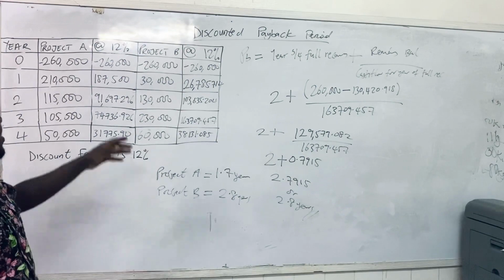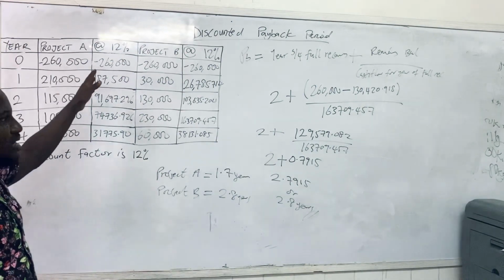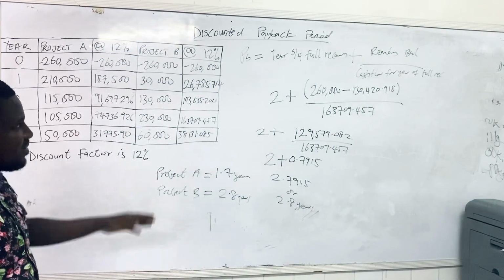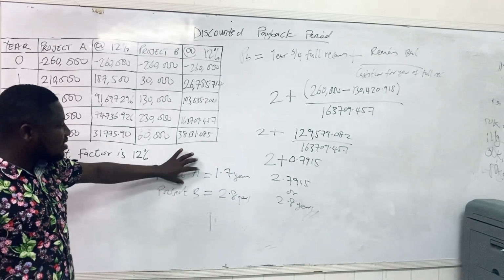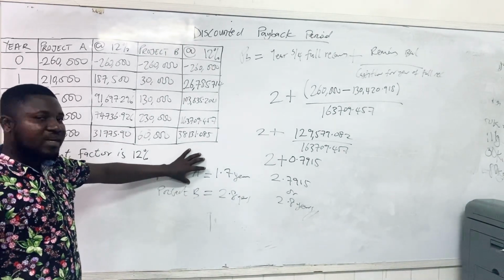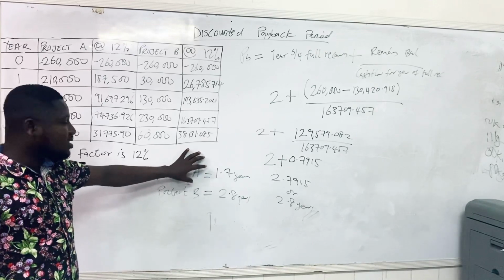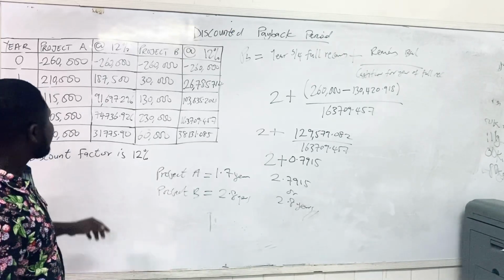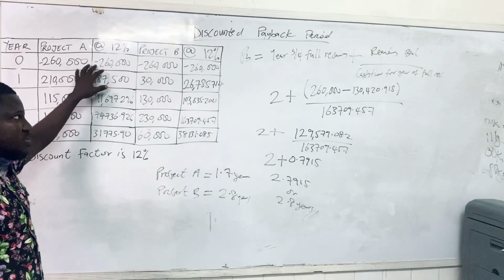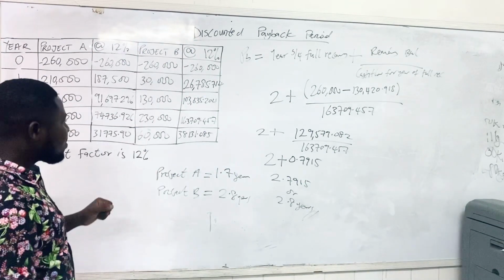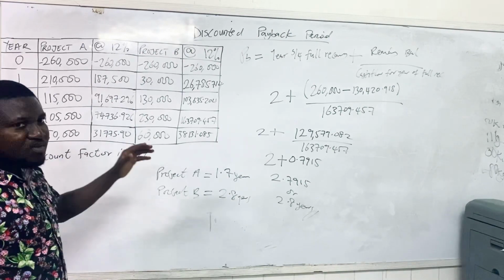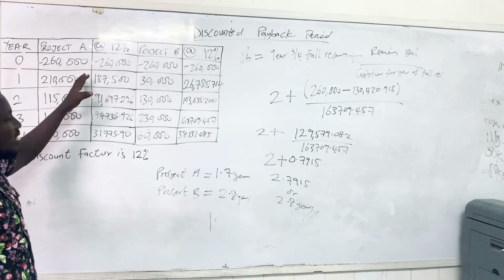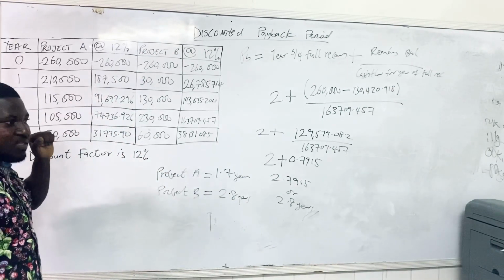So between Project A and Project B under the discounted payback period, it will take Project A 1.7 years to recover its initial investment, and under payback period, the interest is on the length of time a project will take to recover its initial investment.